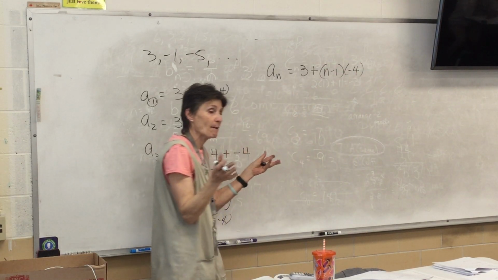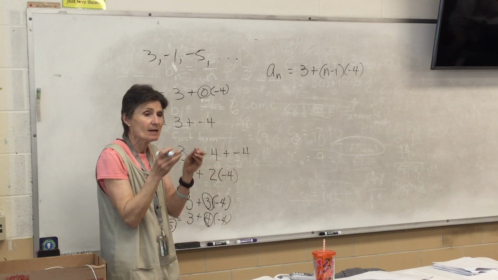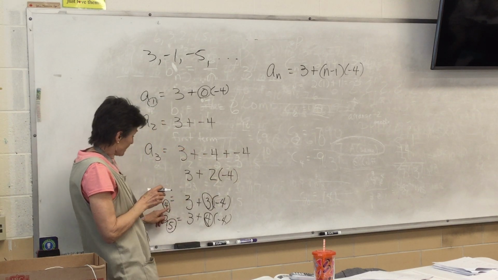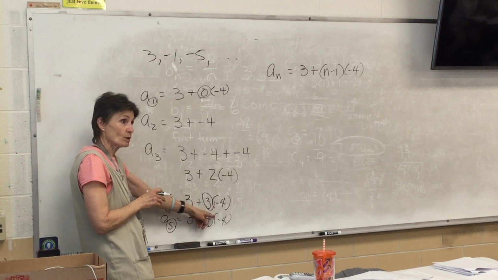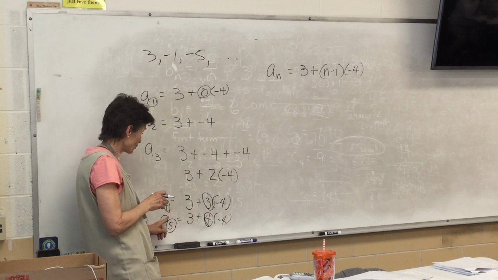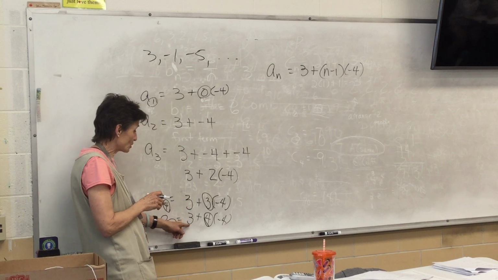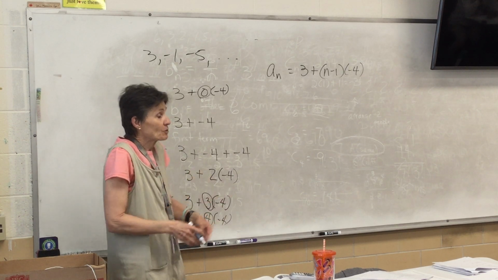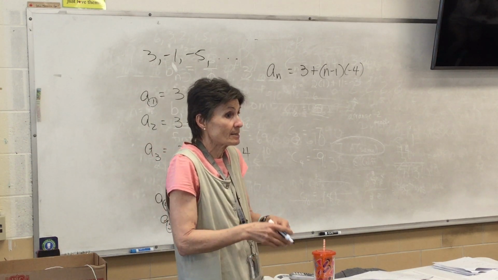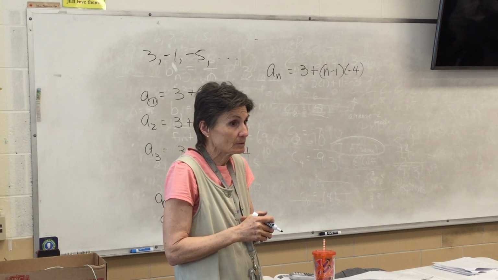Now look at that. Does that make sense to you? Do you see what I'm saying? This is logical. The fourth term was 3 plus 3 -4s. The fifth term was 3 plus 4 -4s. So the 8th term would be 3 plus 7 -4s.